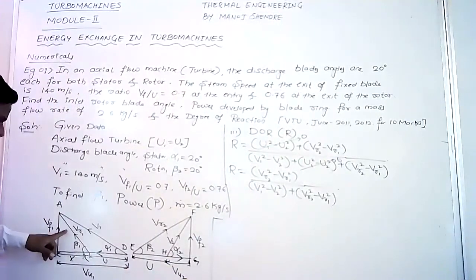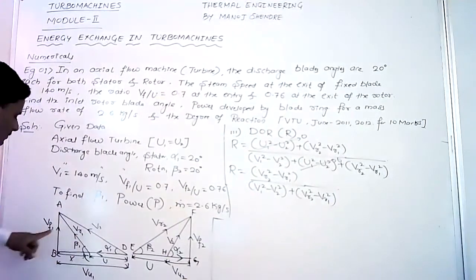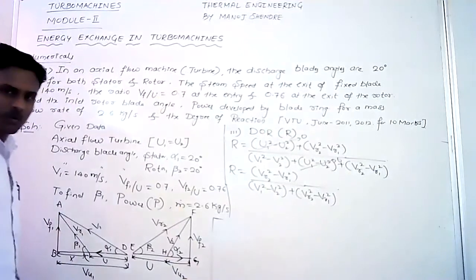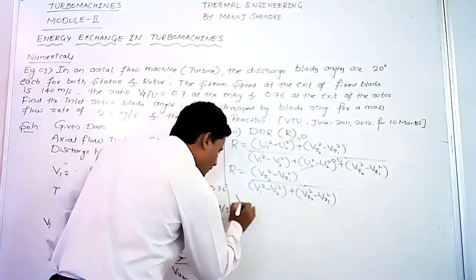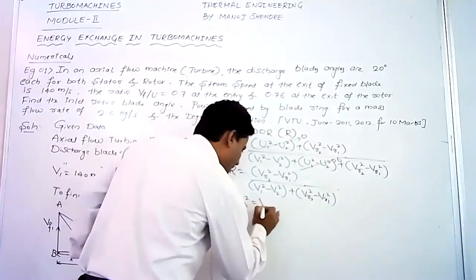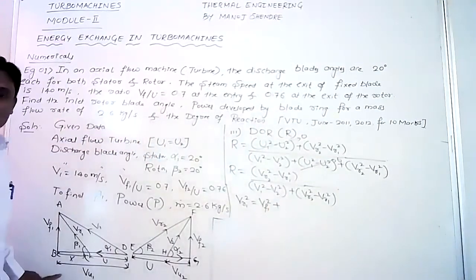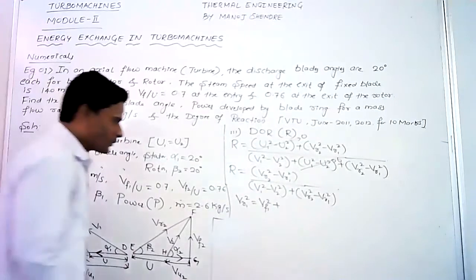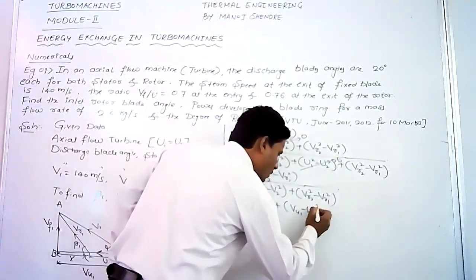So the hypotenuse square, that is VR1 square, is equal to VF1 square plus x square, where from the inlet velocity triangle, x is nothing but VU1 minus U. So VR1 square equals VF1 square plus VU1 minus U whole square.